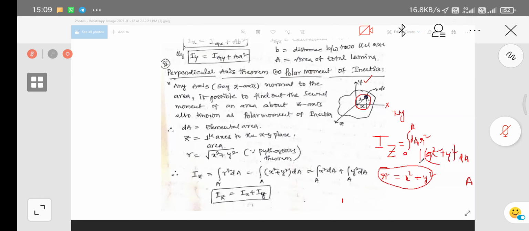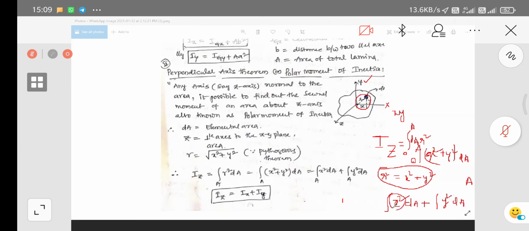If you integrate from 0 to A, first expand it. After expanding, you will get the integration of x square dA plus the integration of y square dA.